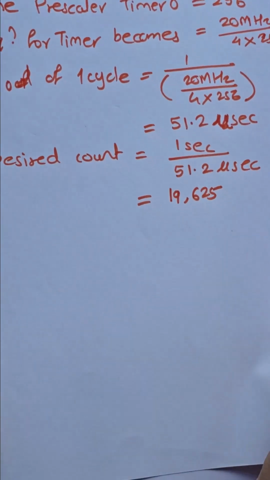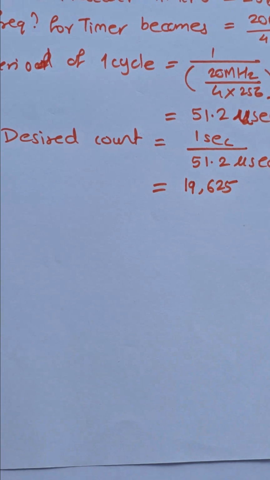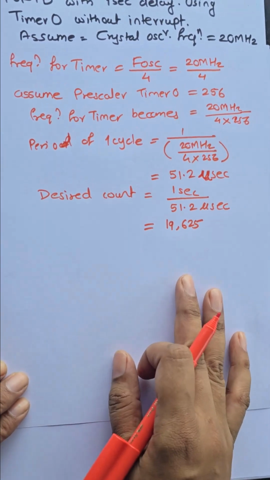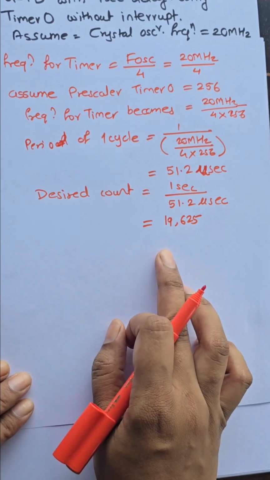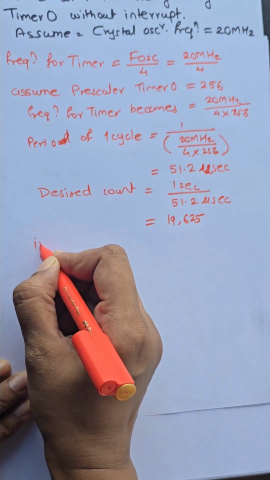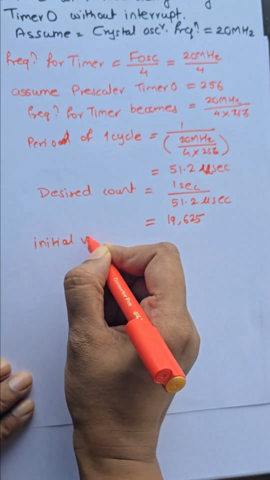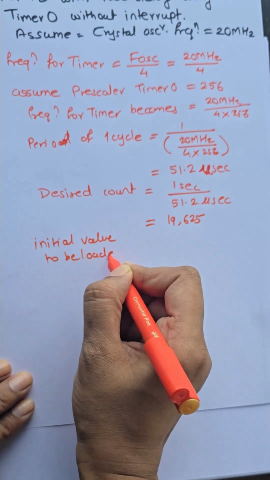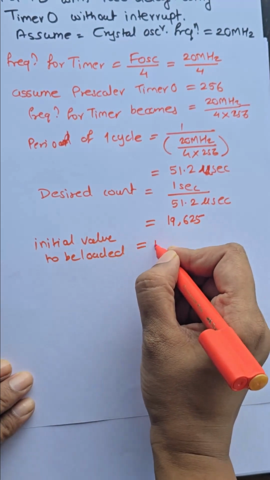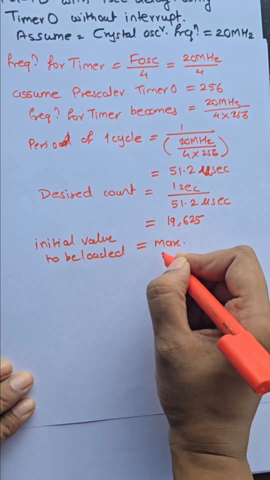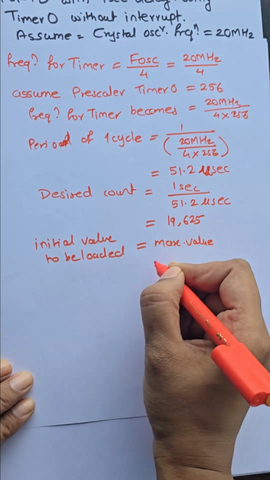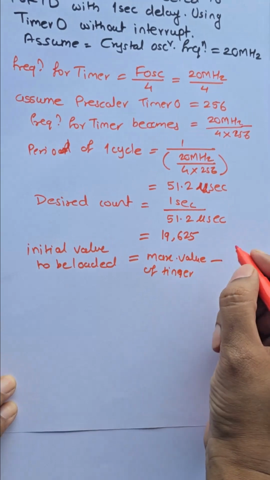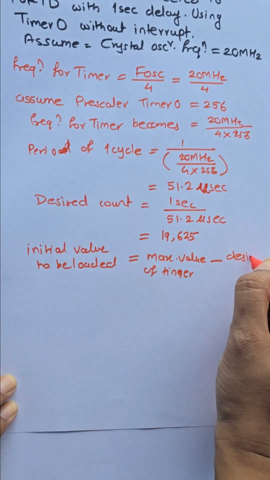Now, as the timer in the PIC microcontroller is an up counter, we need to find out the initial value to be loaded into the timer. The initial value to be loaded will be the maximum value of timer minus the desired count.